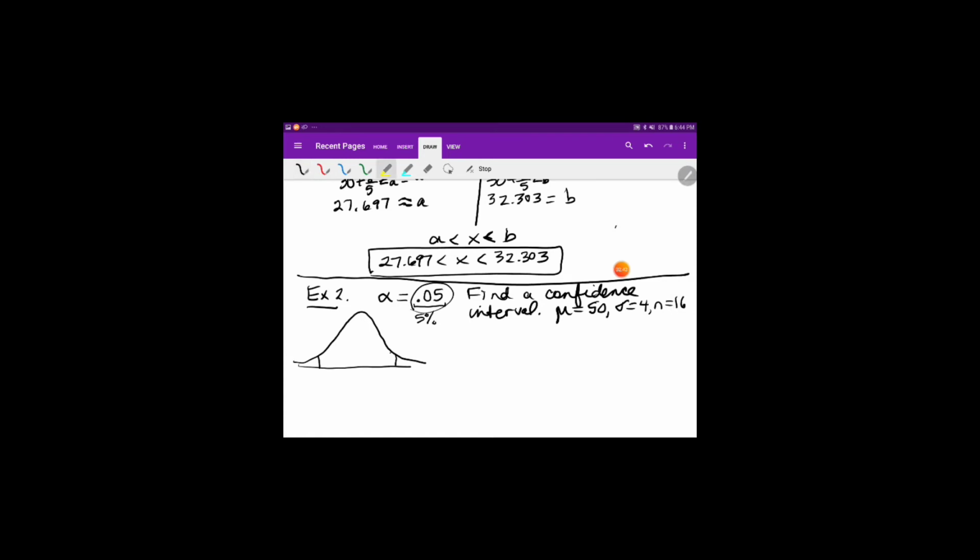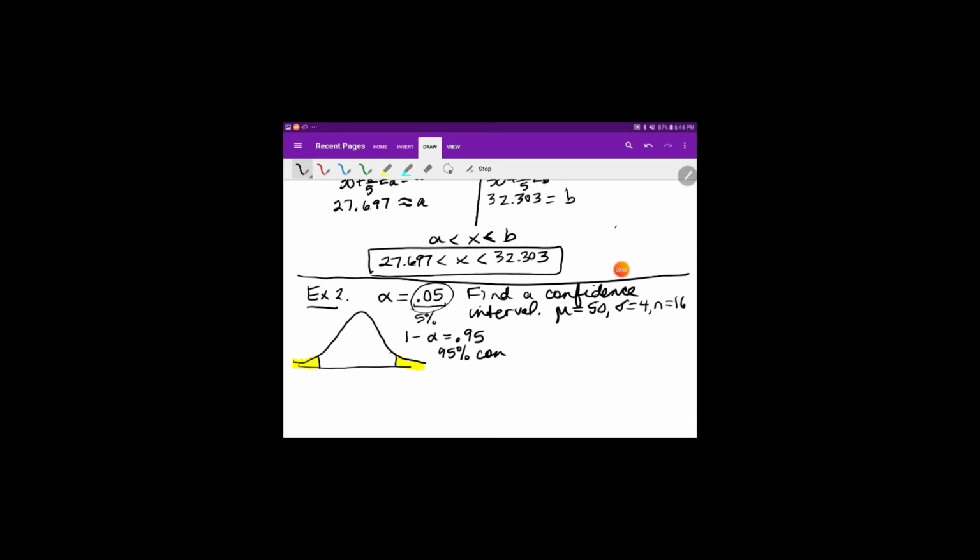So that's the amount that's in the red, the yellow, and then the other yellow. So that total is 5%. Then the confidence, how confident you are, is the other from 100. So 1 minus alpha, which is 0.95, which would be a 95% confidence interval.